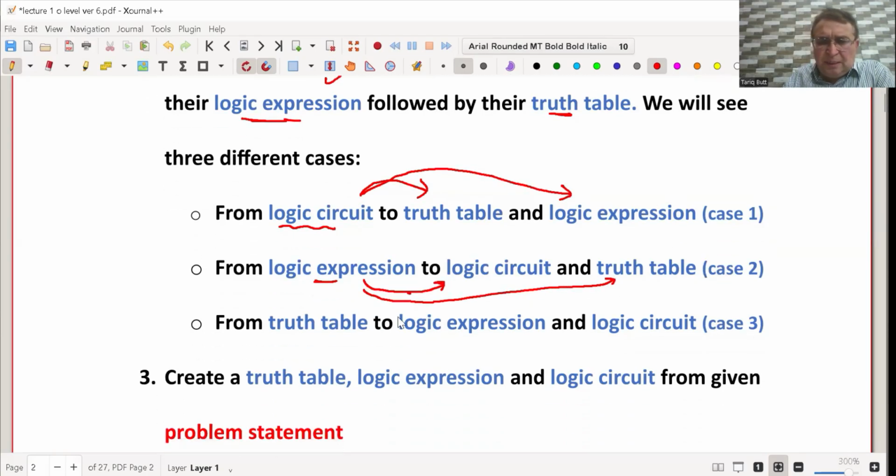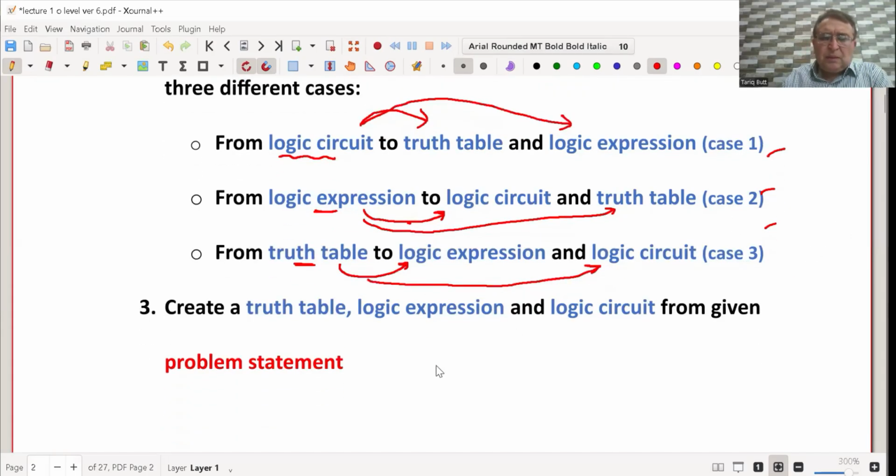And still, some other times you may be given the truth table of some circuit and you are required to find out its logic expression or draw its logic circuit. Fine. So these are the 3 different scenarios where these 3 concepts may be asked.